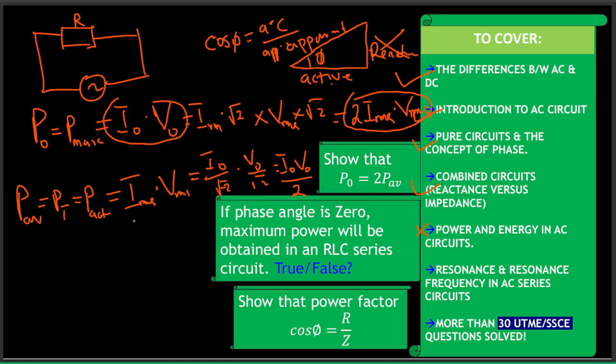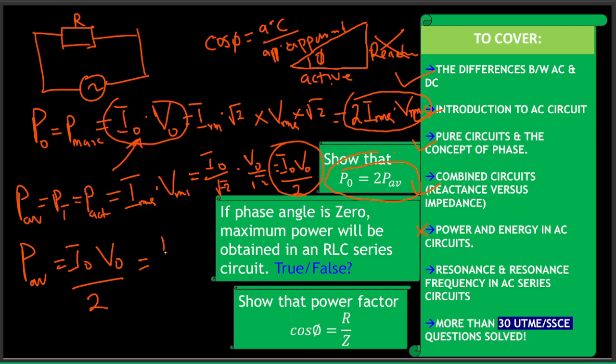Okay. Now, if I write it like this, you notice something here, because we want to answer this question. Look at this question. It says prove that maximum power or peak power is equal to 2 times average power. Can you see it from here? So if I have average power equal to what we just got, all right, I now know that this one above, can you see it here?